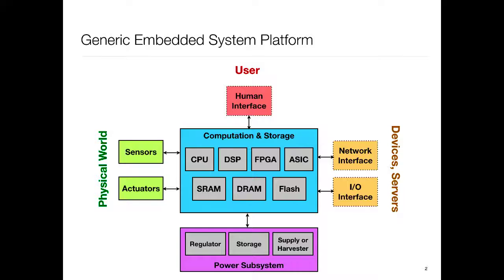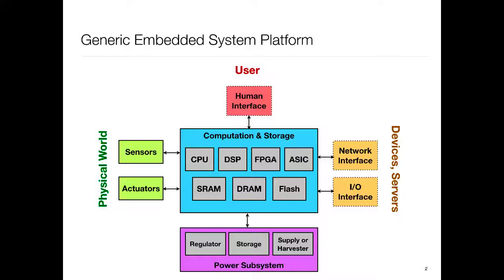So there's some sort of computing system, which can take a variety of different forms. We normally think of them as basically some CPU, but there are specialized processors like DSPs and such. There are also things which are closer to hardware in terms of how they implement algorithms. So FPGAs and ASICs fall into that category.